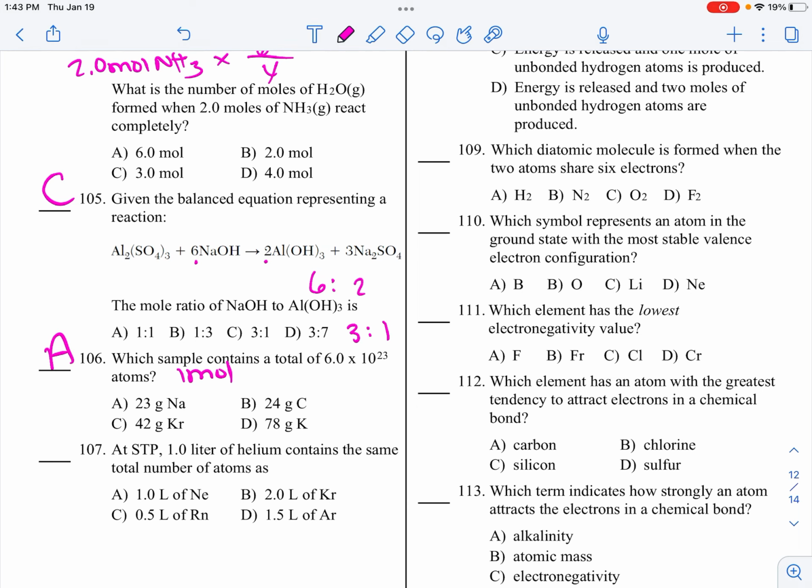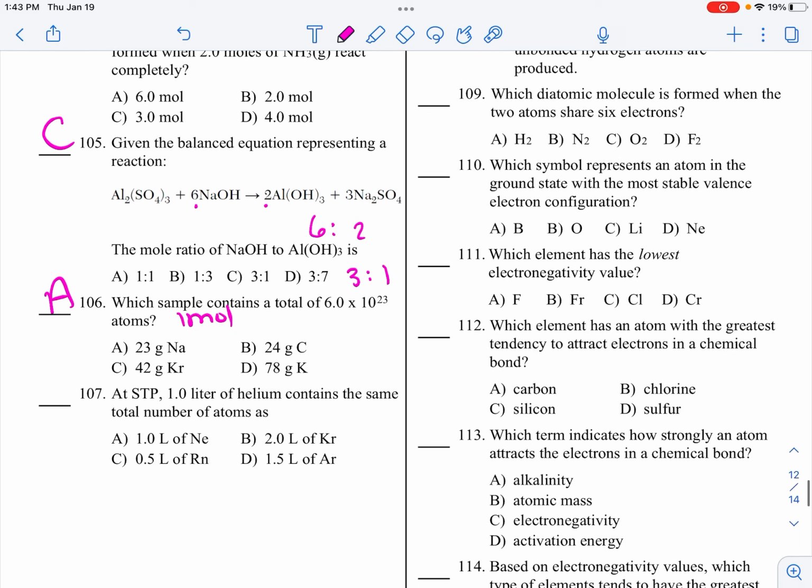Carbon's mass is 12, so that's not it. Krypton's is 84. At STP, 1 liter of helium contains the same number of atoms as a liter of neon. The reason why is Avogadro's hypothesis, which states any gases at the same conditions of temperature, pressure, and volume will have the same number of particles.